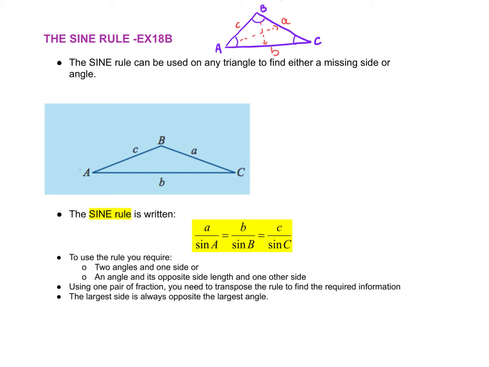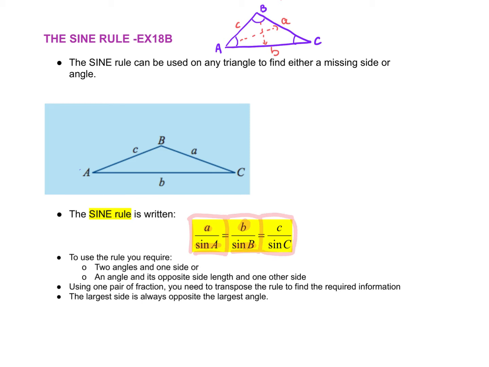And then when you set the triangle up like that, we can say if you have side a over sine A, it will equal the same as if you have side b over sine B. And obviously it works for all these combinations. So you've got the three options there.